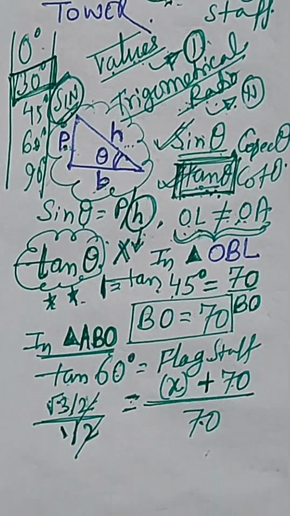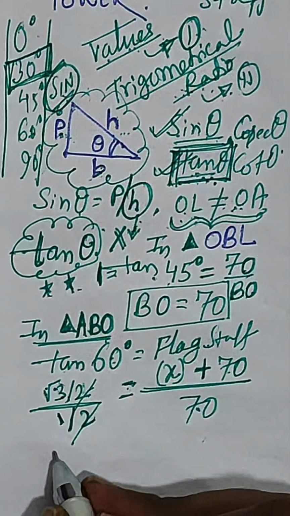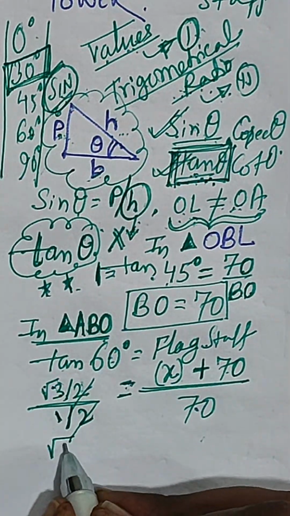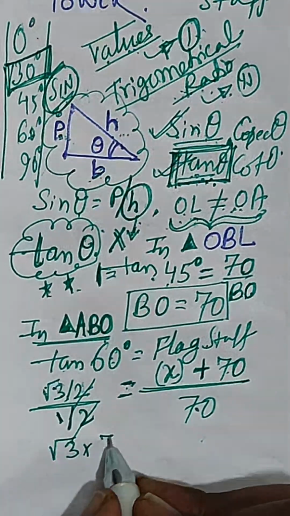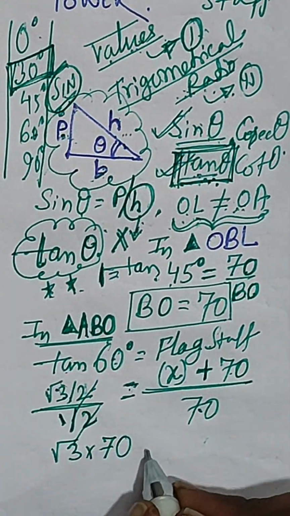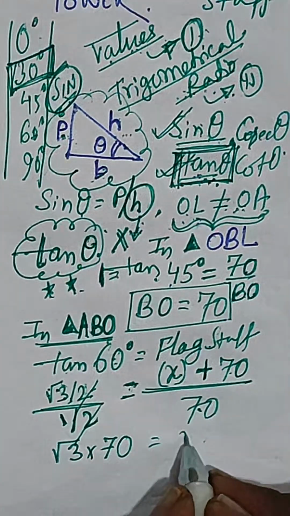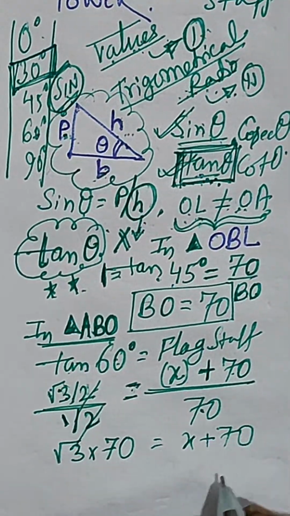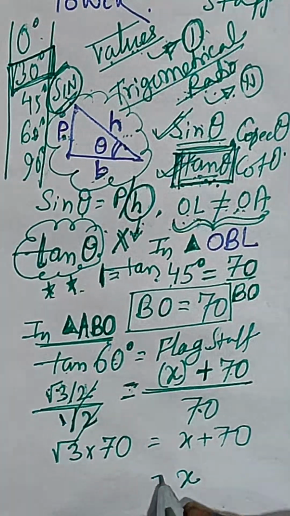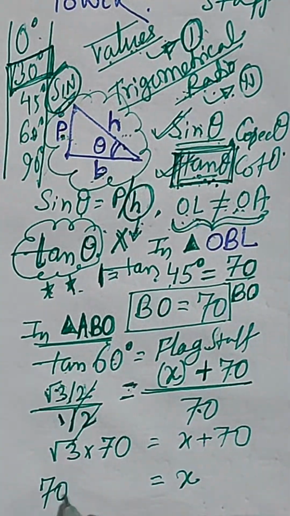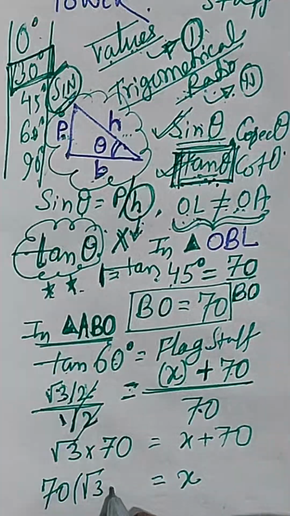So let us solve it. It's very easy for you, my dear friend. No problem, we will take the harder one also. Root 3 into 70 is the value of x plus 70, and this will give you the height of the flag staff as 70 times root 3 minus 1.